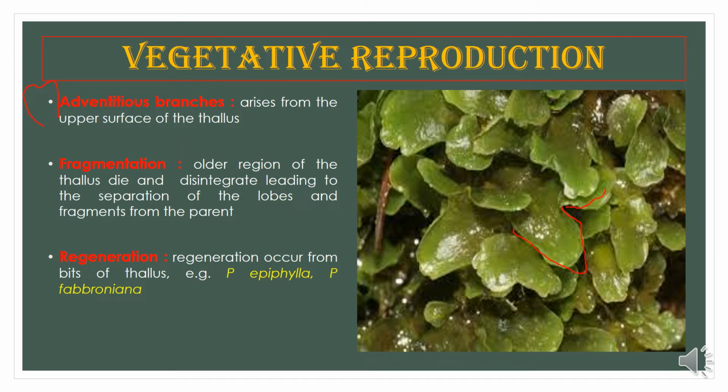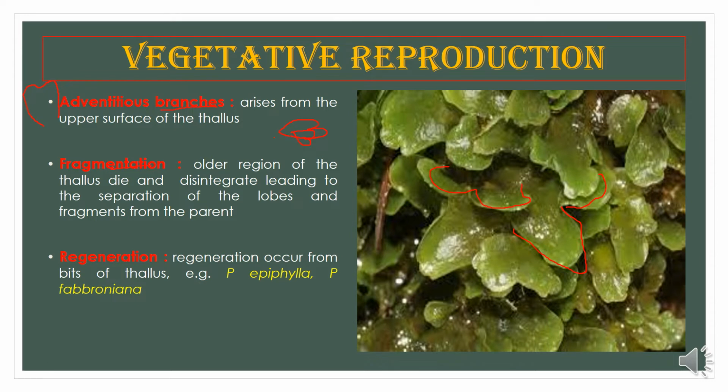This is the adventitious branch that develops, which means that adventitious branches in Pellia develop from the upper surface of the thallus. Gradually they get detached and develop into a new plant. So this is how adventitious branches propagate.